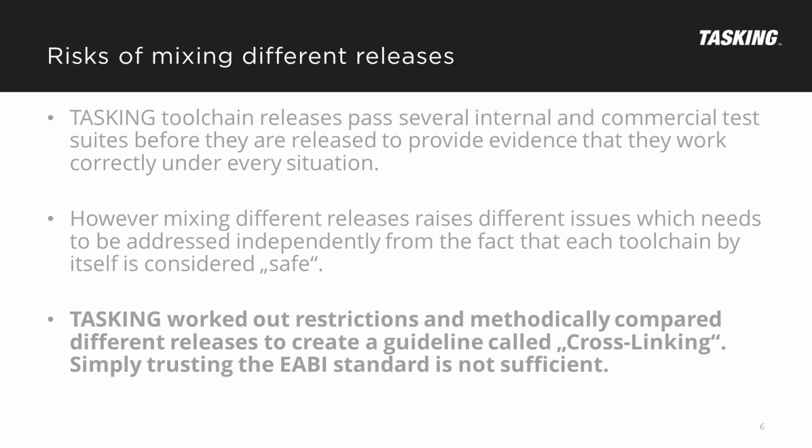There are always some spaces left where you don't have to stick with the ABI, or where it's not specified safely. So the main problem is that even if TASKING does several internal and commercial test suites and internal tests for our releases before they are released, we cannot specify that a given toolchain compiles safely or links safely together with another toolchain before testing it.